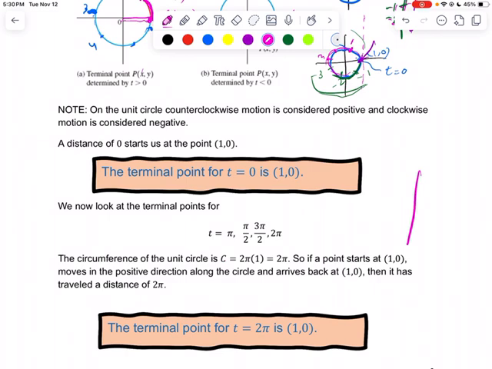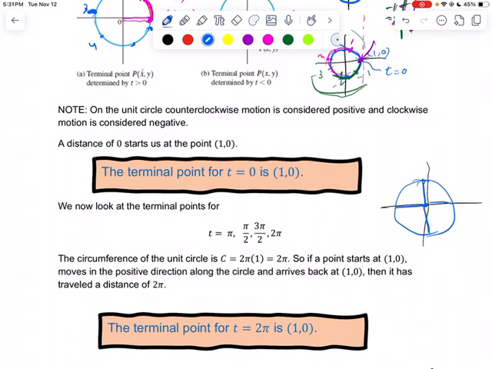Again, let's look at this circle. Just assume the center is over here, and this is 1, this is 1, this is 1, this is 1, and this should be 1.